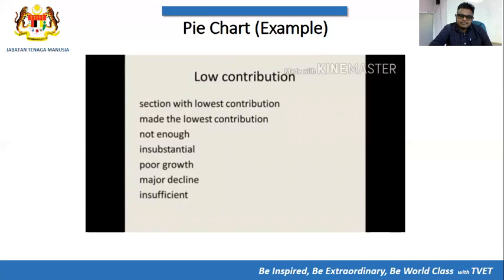Dear students, the more good vocabulary you use in your information transfer, the more marks you can score in your writing skills, because different words will improve your writing in a very attractive manner. So try to learn as many vocabulary words as possible.